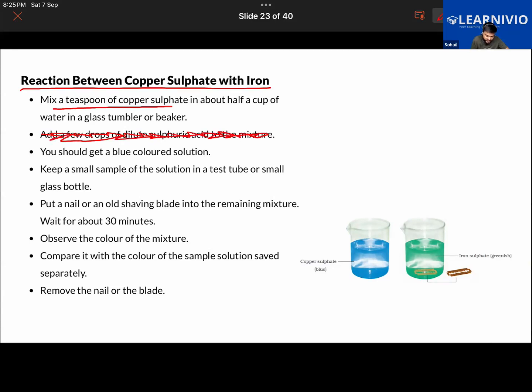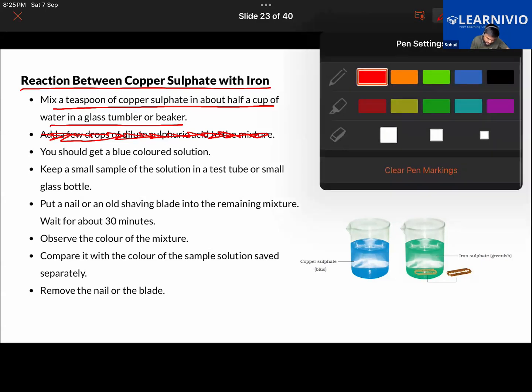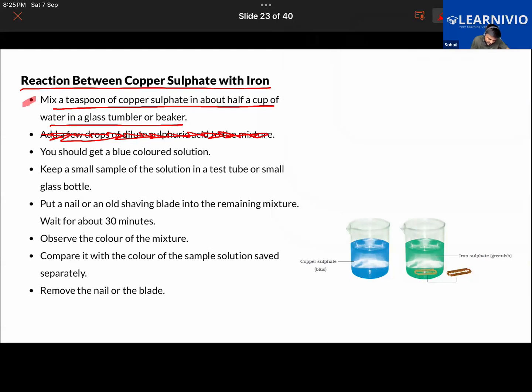Mix a teaspoon of copper sulfate in about half a cup of water in a glass tumbler or beaker. Just write down these ones which I'm going to mark here. This one, after this you will write this one. Just write down these two.